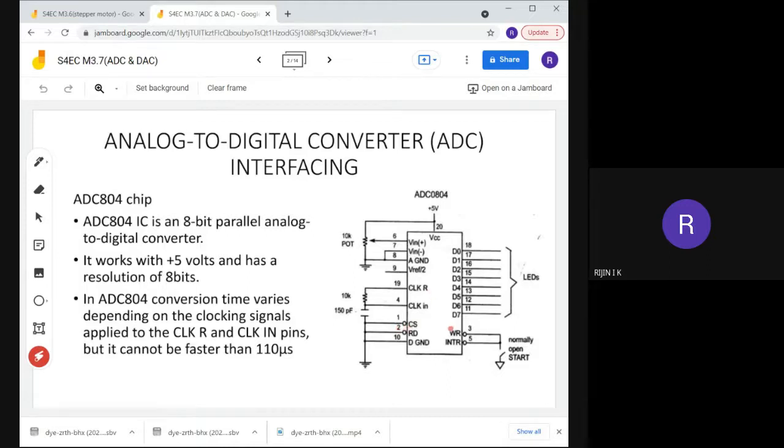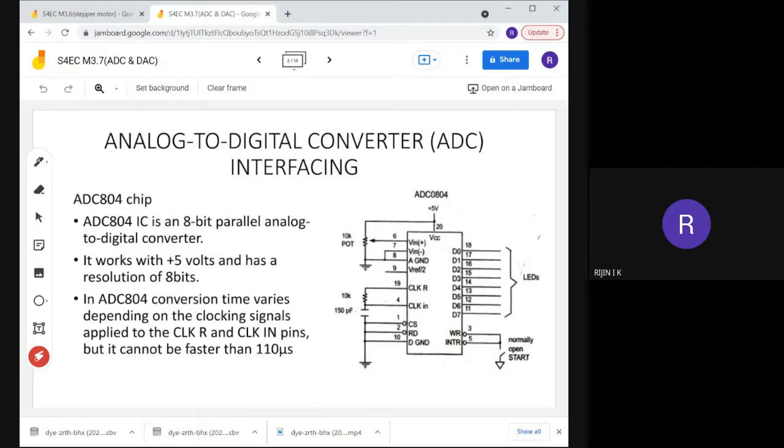Then, after that, if you give a WR value, an active low on WR, what will happen? It will start the conversion. Then, while converting the data, what does the INTR pin do? It keeps monitoring. Whenever the value of the INTR pin becomes 0, we can understand that the conversion process is over.